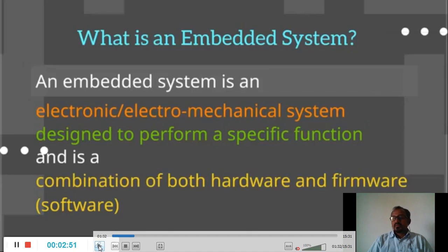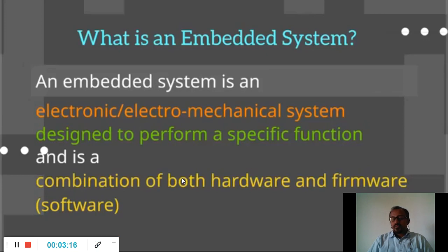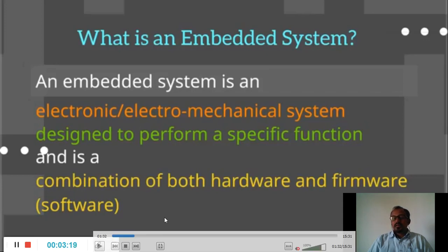For example, a PC is a general computing system, where we can run a variety of applications. We can play music, make files, do some design work, and open integrated development environments like EDA tools. We can run all the applications, or one at a time, in a general computing system.